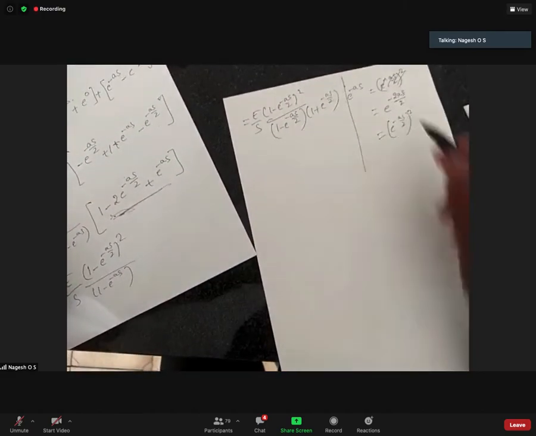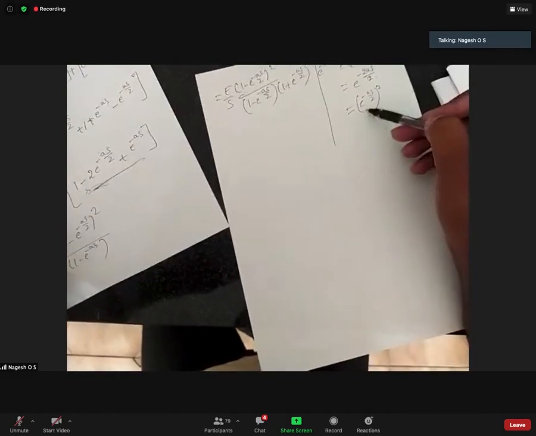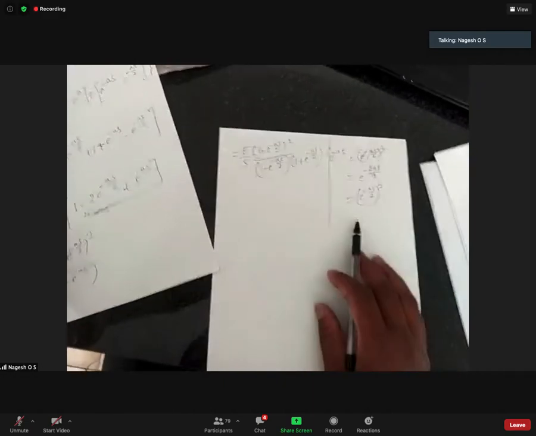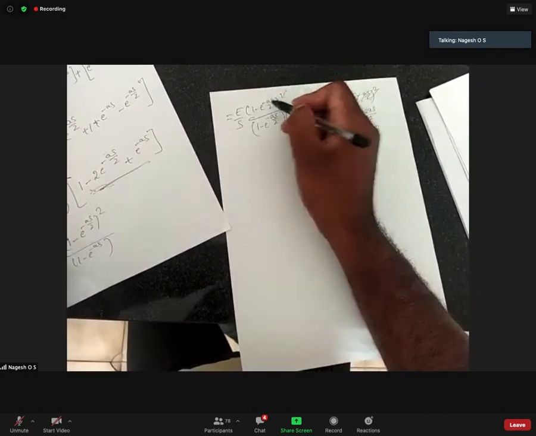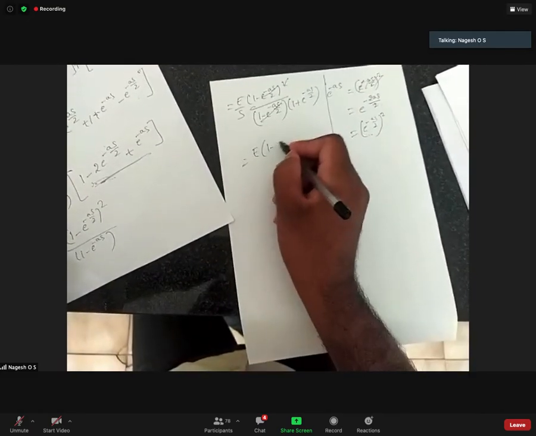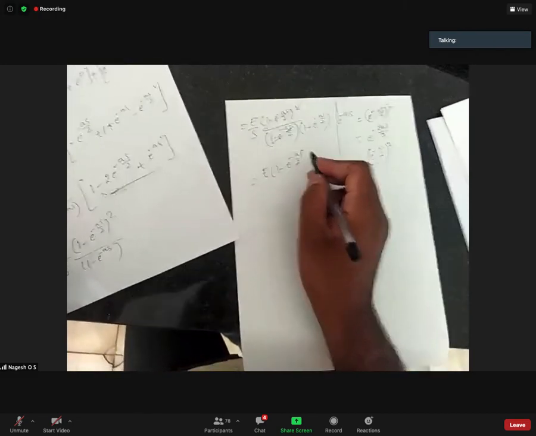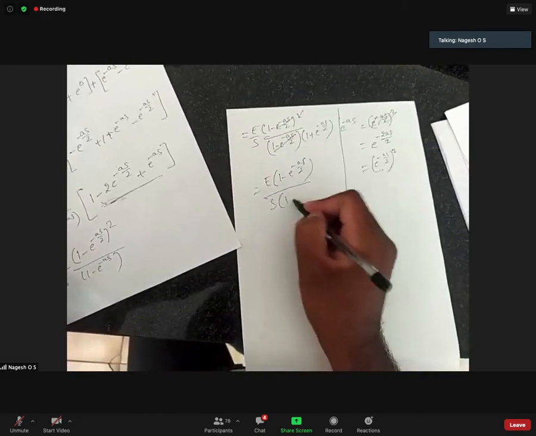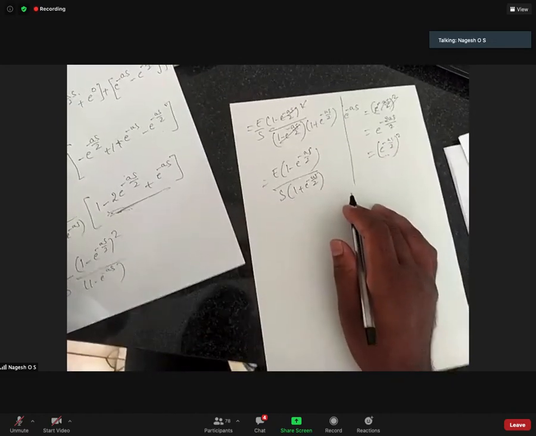So this is one step before that. Now this will cancel out with this, so we have e/s times 1 minus e power minus s by 2, divided by 1 plus e power minus s by 2, as it is.